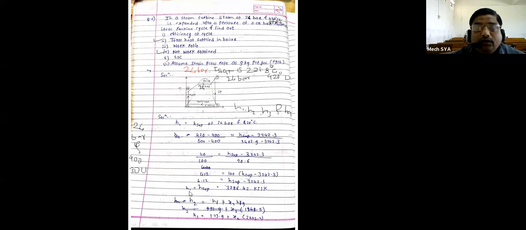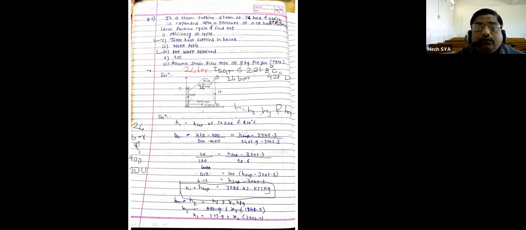H1 is equal to H soup, which is 3286.42 kilojoule per kg, not Kelvin. It's kilojoule per kg.